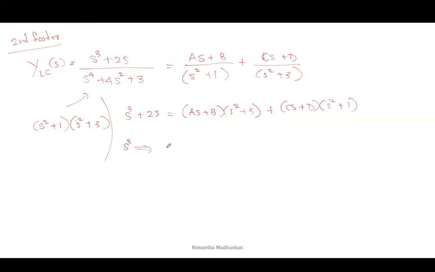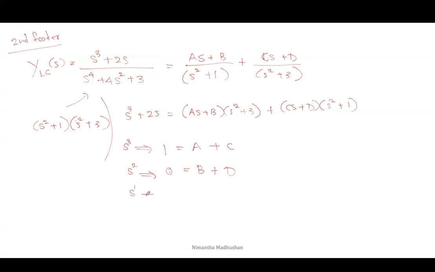From the left hand side, the value is 1. From the right hand side, the value is a plus c. Then I consider s to the power 2. From the left hand side, the value is 0. Right hand side, b plus d.